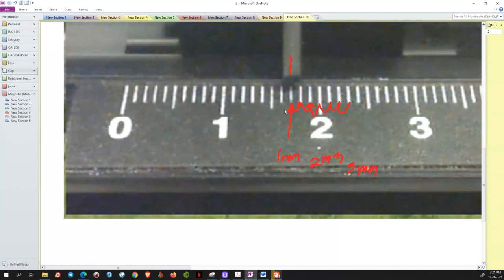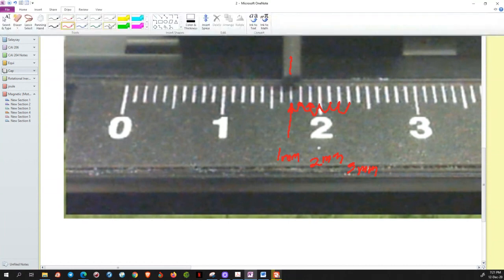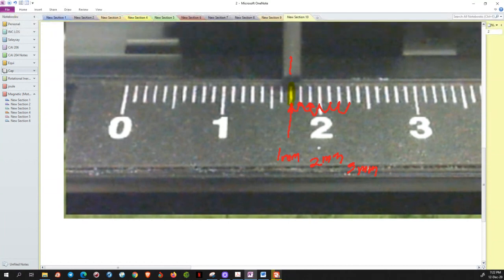Sorry, because it's hard to draw. This is 1 milli, 2, 3, 4, 5, 6, 7. Wherever you start with the plate closed, it's equal to 1 milli. You don't have to start from 0. Okay? Clear?